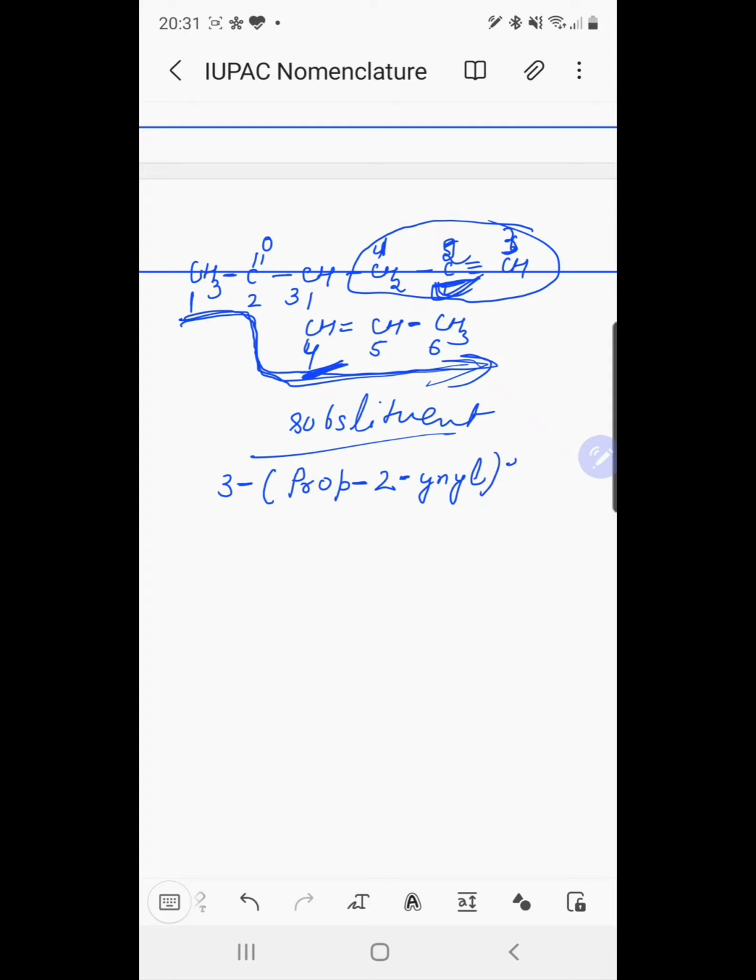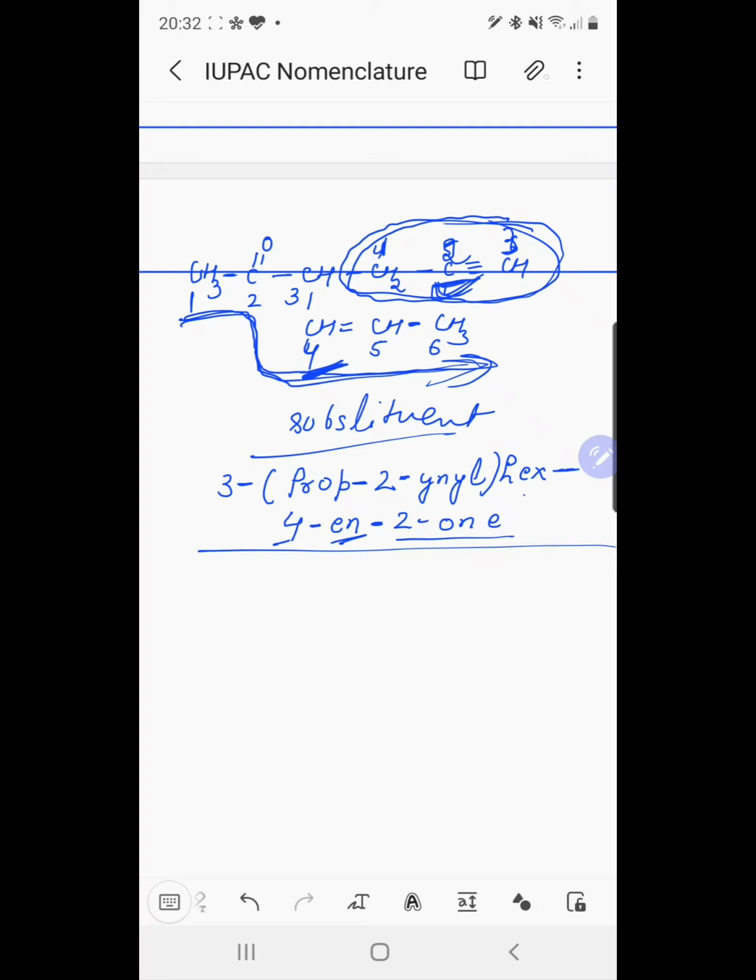Our basic name is hex-4-en-2-one. This is our basic name for the compound. We take this group as a substituent. So at the third position we have prop-2-ynyl, the basic compound is of 6 carbons, hex. At the fourth position we have the double bond, 4-en-2-one.